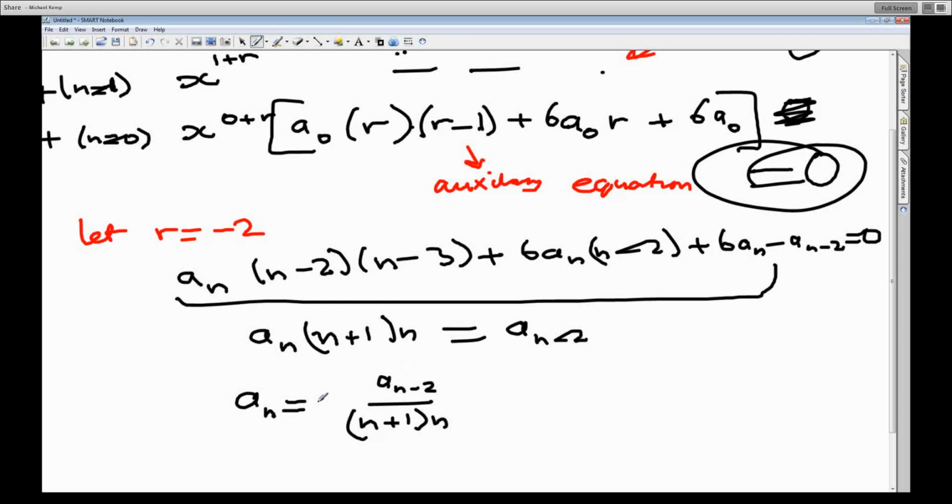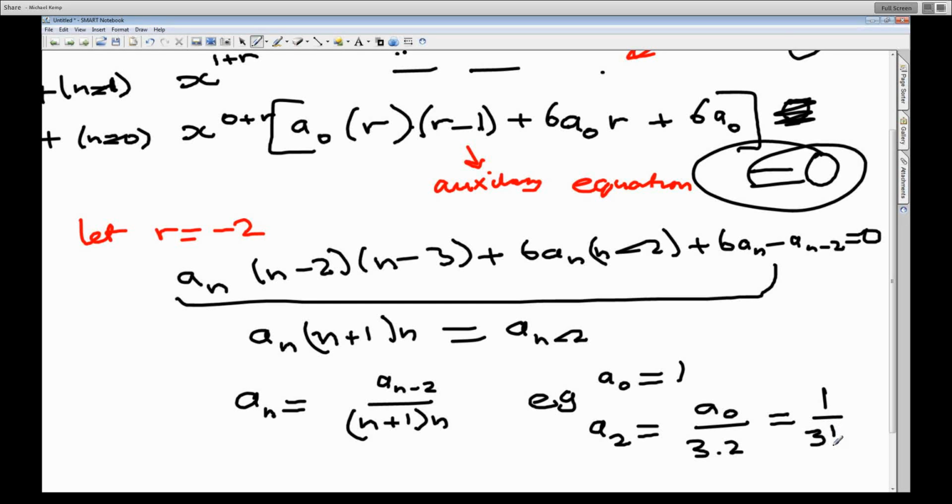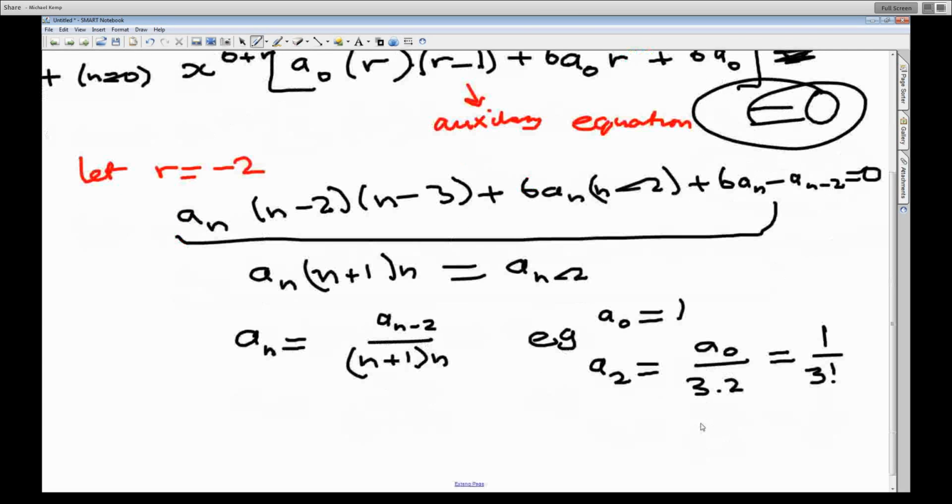So if you know what one term is, you can work out the next one up. For example, when we've defined A0 to be just 1, that's what we defined it to be, A2 plugged into this recurrence relationship would be A0 on 2 plus 1, so 3 times 2, and that's going to be 1 on 6. I'll write it as 3 factorial, just because you know what the pattern's going to be. Then I could do A4 as well.